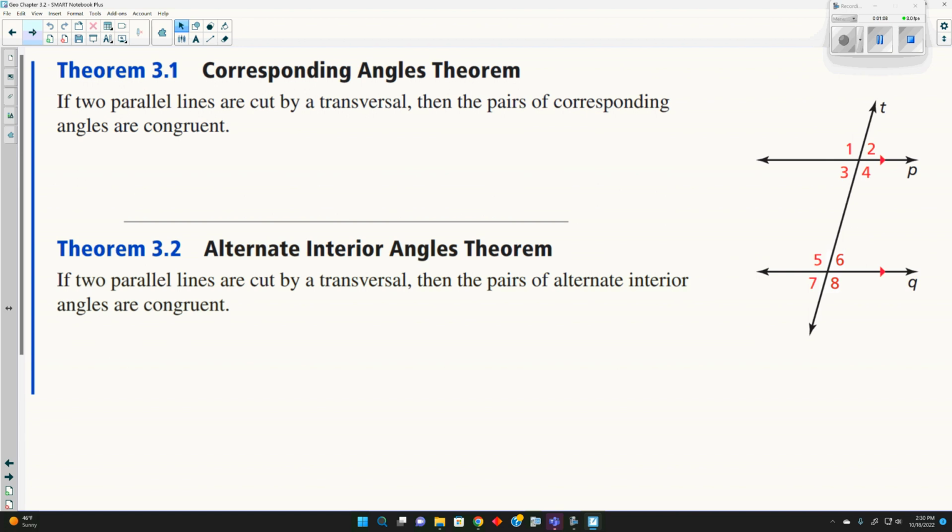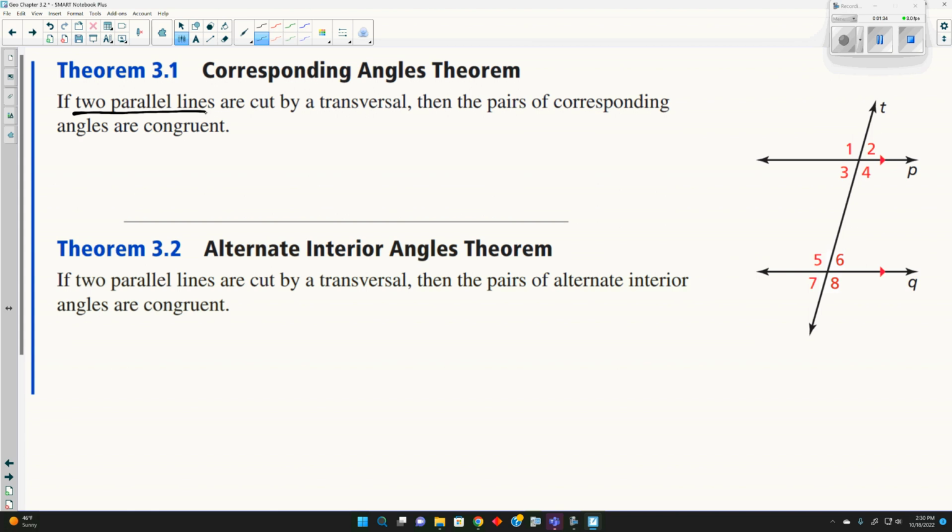When we talk about corresponding angles, two lines are cut by a transversal, and the angles in corresponding spots are considered corresponding angles. But what we're making a little bit different today is that the two lines are going to be parallel. So if we have two parallel lines cut by a transversal, the corresponding angles are congruent.